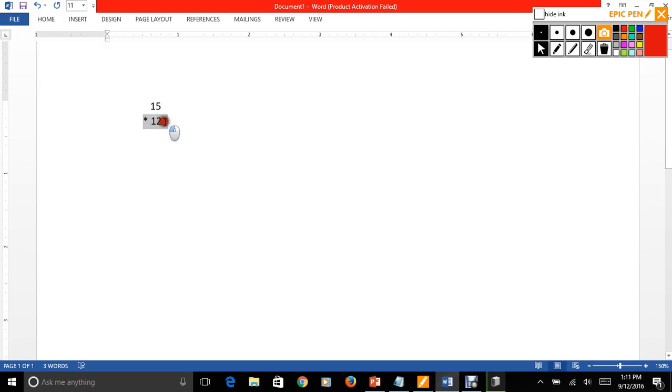Okay, so first you multiply the 5 times the 2, and that gives you 10. But you can't put 10 in that space, so you put the 0 on the bottom and carry the 1. Then you multiply 2 times 1, and that gives you 2, and with the 1 it's 3.